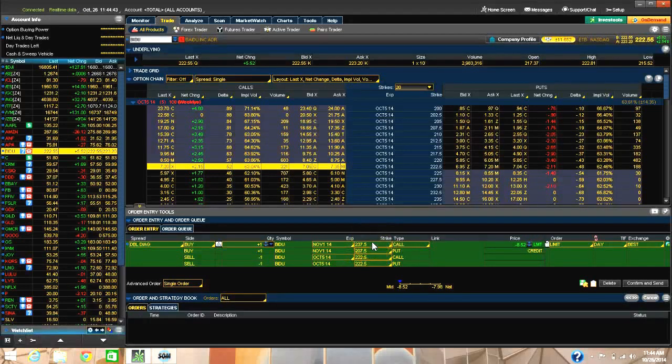Now, the best result is that we come back and stay at 222.50. The next best result is that we stay within the $8 on either side. So $16, 8 up or 8 down, a $16 range. If we go out of that range, we will then see a potential spot where we could start losing money. Now, the one ace in the hole that we own here is we still own next week's options.